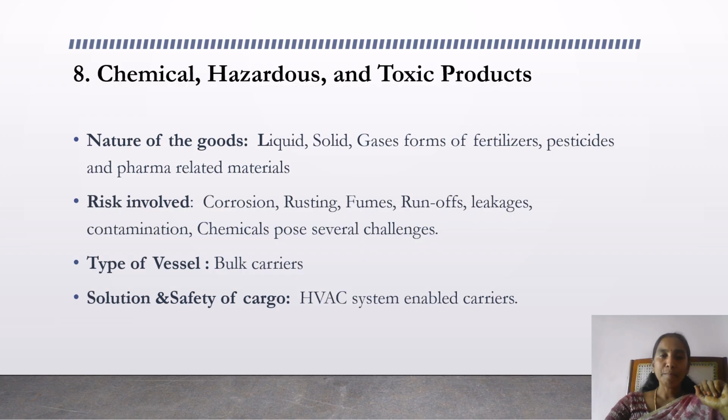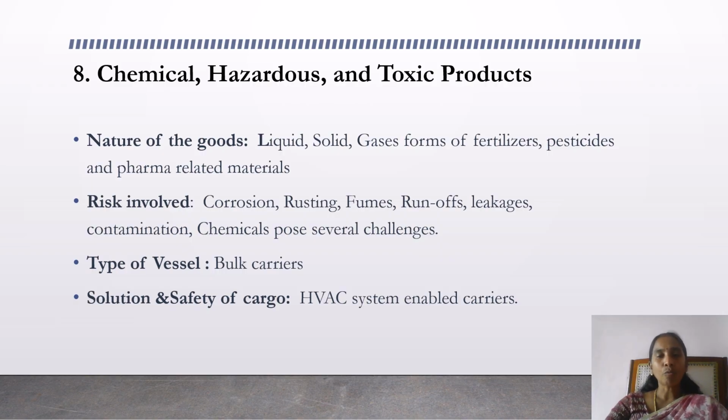Finally, it is chemicals, hazardous and toxic products. So we all very well know that if it is hazardous and toxic products, its nature itself says that the product is of dangerous or risky nature. So what is its nature? It might be in the form of liquid, solid or gas.